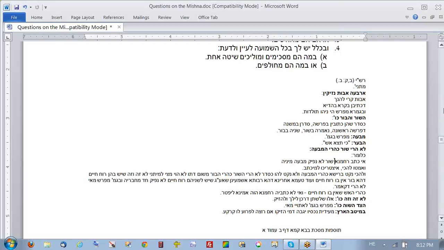The fact that it still needs to say that must mean that Lo Hari Ashor Kahari Amav is not being used in the traditional sense.